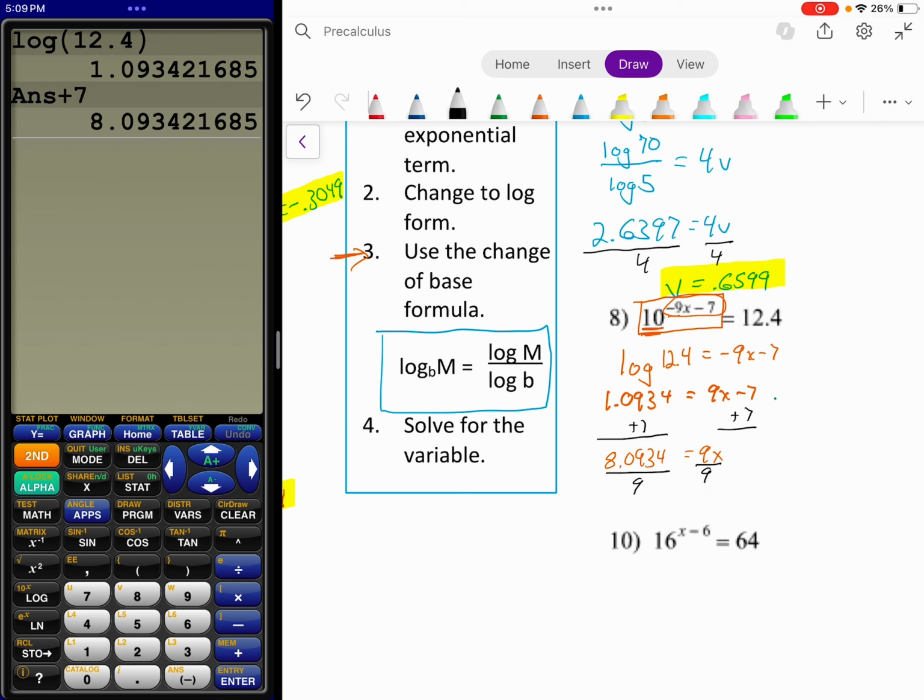So I'm going to take that previous answer, hit divided by 9, and we get our value for x. X is equal to 0.8993 because we had to round up.